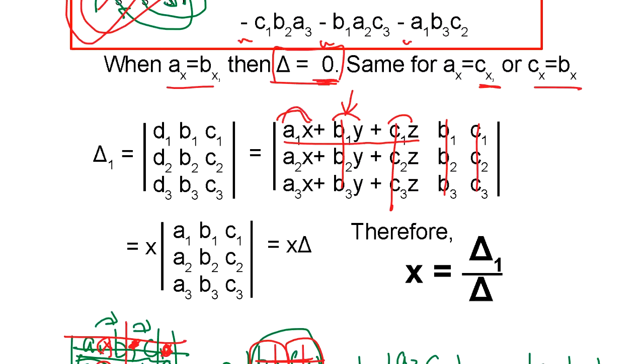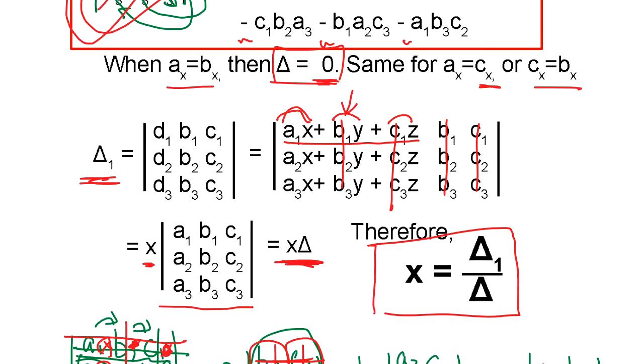Only this one is left. So if you put the x out, it becomes like that. That means x delta. If this is x delta, then x is given by delta 1 over delta.